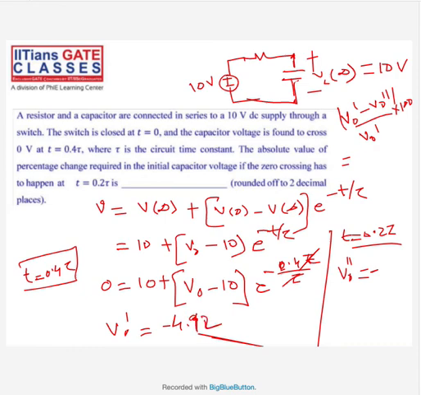And find this for 0.2 tau. Minus 2.21. So the answer will be 4.92 minus 2.21, divided by 4.92, into 100. It is 54.95%. 54.95% is the answer.